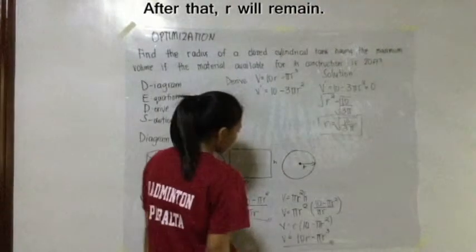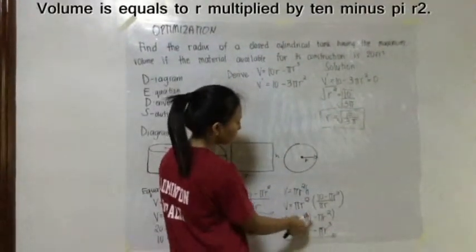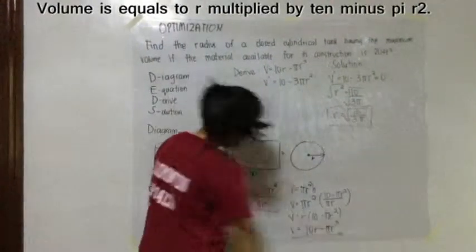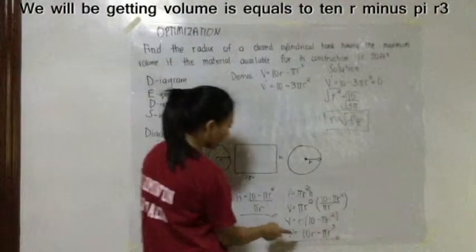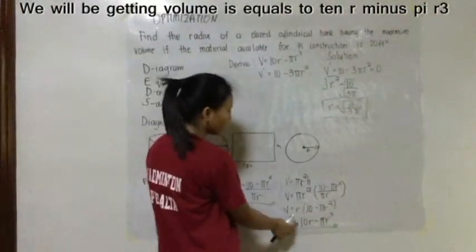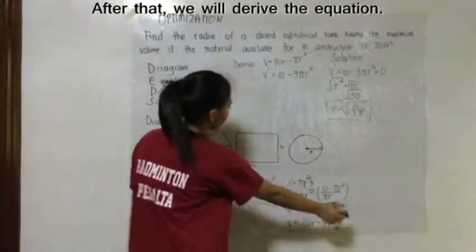Tapos, may matitirang r. May isa. So, volume is equals to r multiply by 10 minus pi r squared. So, yun, ganun. Tapos, v is equals to 10 r minus pi r cubed.